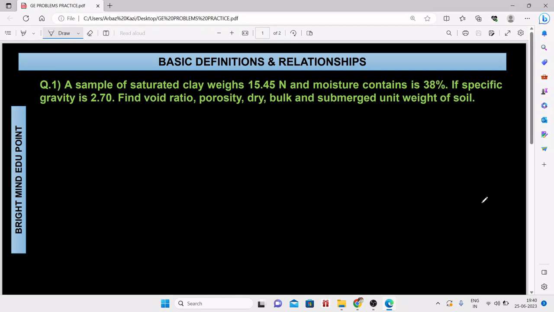The first problem, which is presented over the screen, states that a sample of saturated clay weighs 15.45 Newton and has a moisture content of 38%.